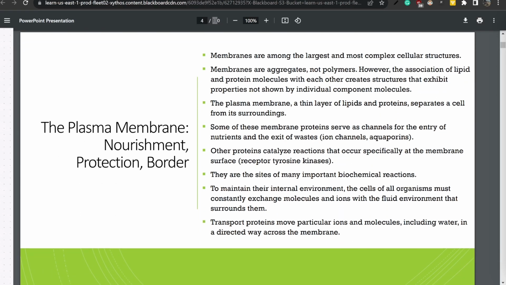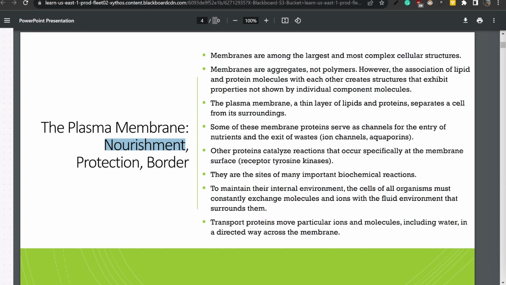Before I even read anything, I'm thinking, all right, plasma membrane: nourishment, protection, and border. So what I know about the cells is that it protects the cell, and it's literally the border of a cell, but I actually didn't know it can nourish the cell.